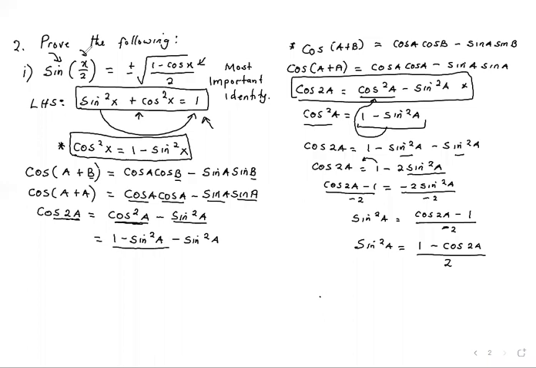It won't be cos squared A. Cos A times cos A is the same as cos squared A, but A is an angle in cos.